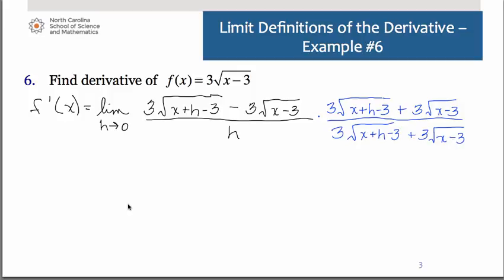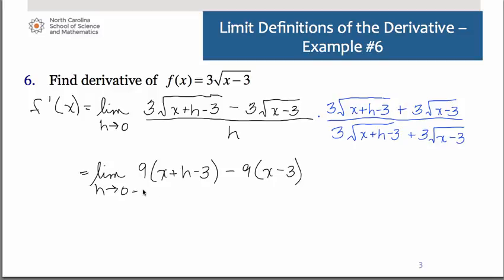Across the numerator, we'll go ahead and multiply that out. The denominator we shall just leave as it is. So multiplying this out, we have the 3 times the 3 in the numerator, so that makes 9 times the quantity x plus h minus 3. The outside and inside terms cancel out. In the back, we have minus 9 times the quantity x minus 3.